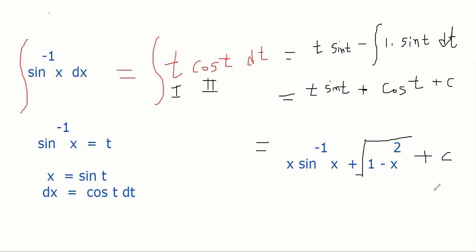Got everybody how we solve this? Integral sin inverse x we got in the form of x sin inverse x plus square root of 1 minus x square and then plus c. Tell me, easy, difficult, how is it? Any questions?